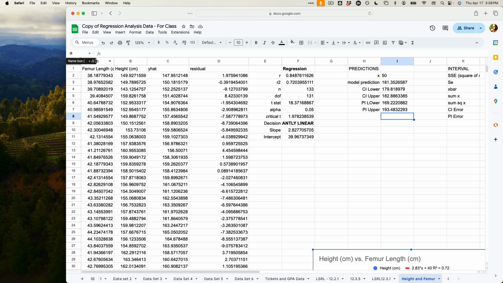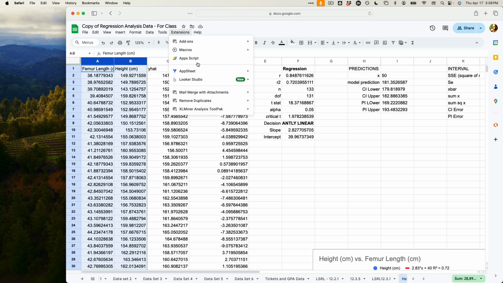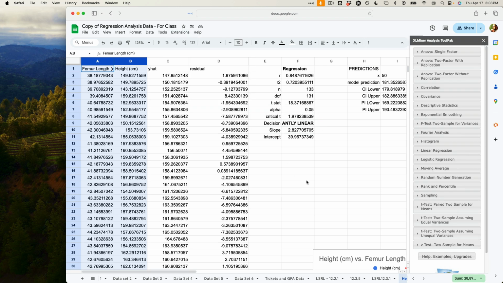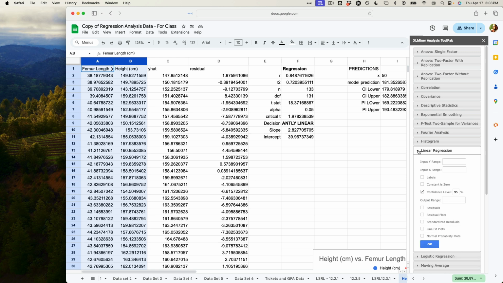And the way we do this is not by hand, we do it by using the Excel miner. So for the Excel miner, you can also do linear regression. I got a lot of questions on it, but if you follow these steps, I'm going to give it the Y data here, input Y range, and then I'm going to choose the input X range.